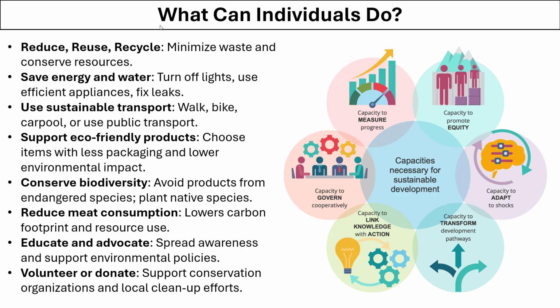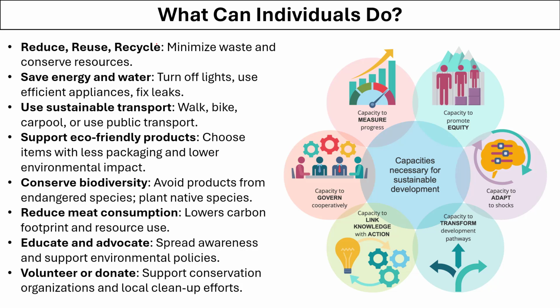We should also make efforts to avoid products that are from endangered species so that people do not end up killing those endangered species only for making money. Reducing the consumption of meat can also reduce carbon footprint and conserve biodiversity in our ecosystem.